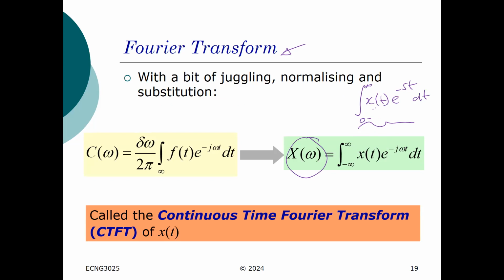But the core here, this and this, are almost identical, with the exception that s is j omega in one. If you take s in the Laplace transform and replace it with j omega, not substituted because they're not equal, but if you substitute j omega for s, you can move from one transform to the other, right?